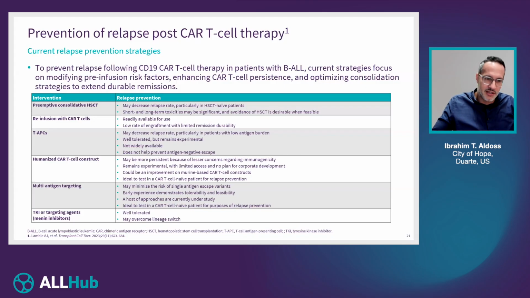The concern is early and late complications of transplant, including non-relapse mortality. But it is an effective approach. People are sometimes reluctant to do the transplant because of the risk of complications and the fact that some patients can be cured with CAR T cell therapy alone.